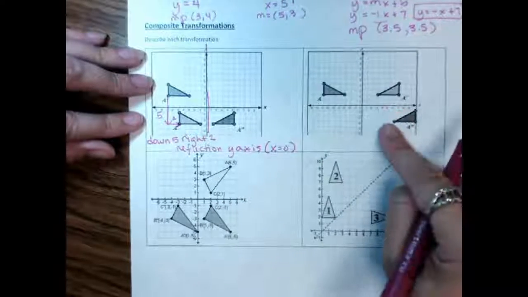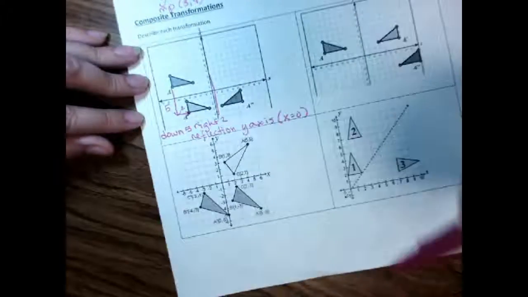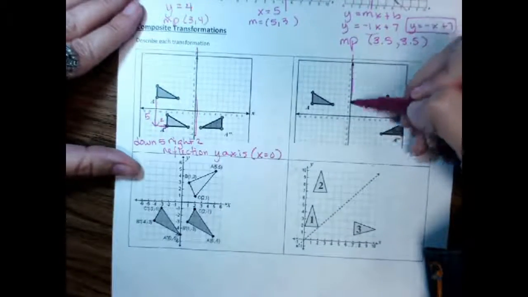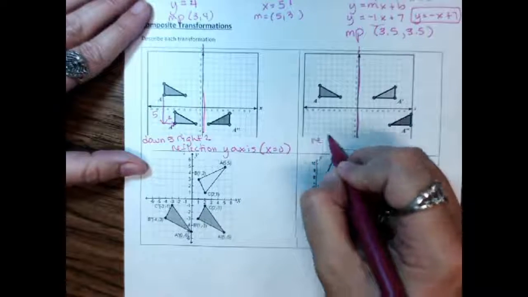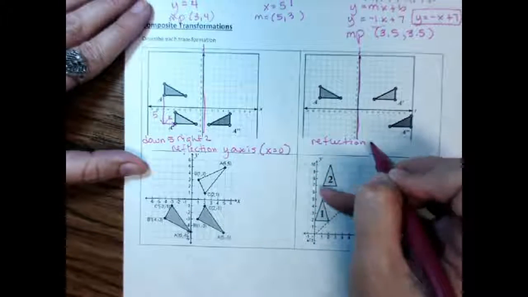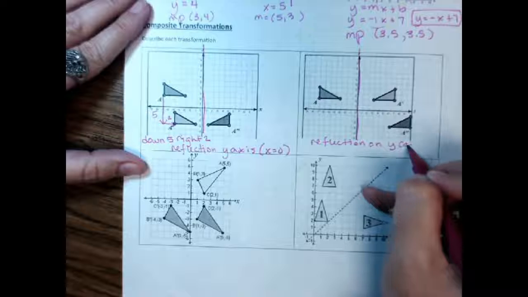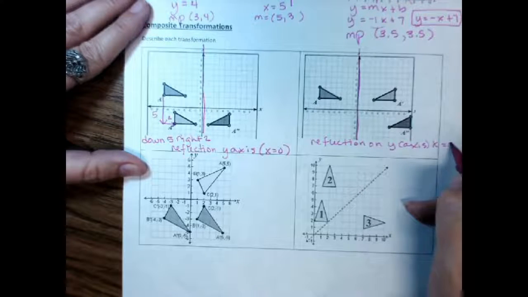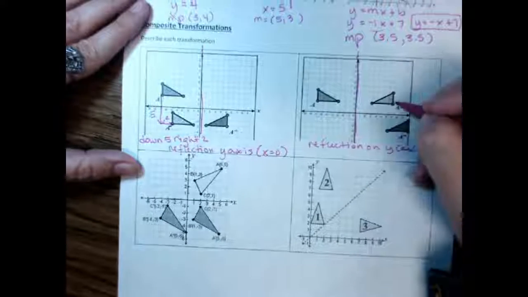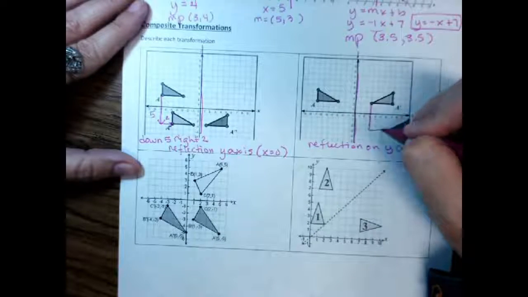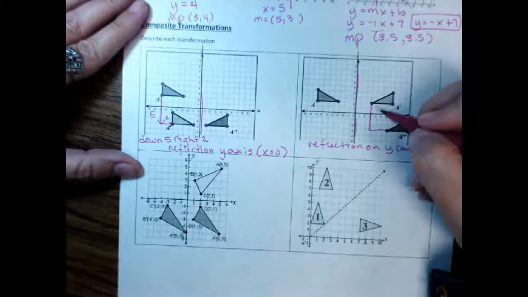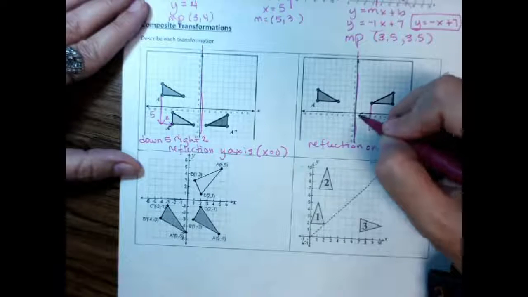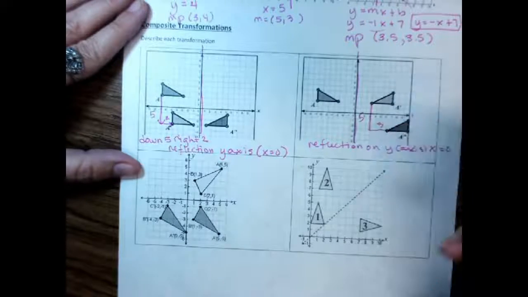Now let's do this one. From A to A prime, okay, well that's a reflection across the y-axis or the line x equals 0. And then we have a translation here, so from here to here, we have down 5, right 3.